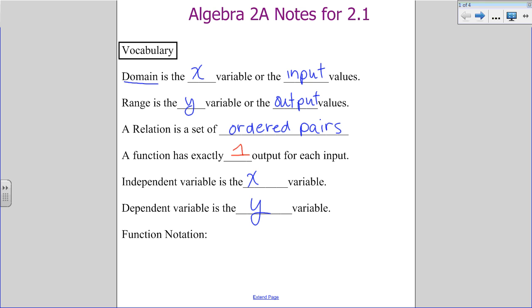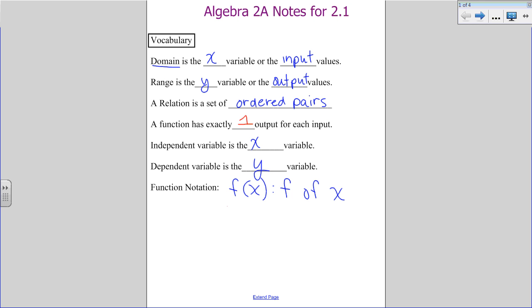And then function notation, ladies and gentlemen, is this f of x. Don't want to put equals there. We'll put a colon; f of x is how we read it. It's said, the function at x.